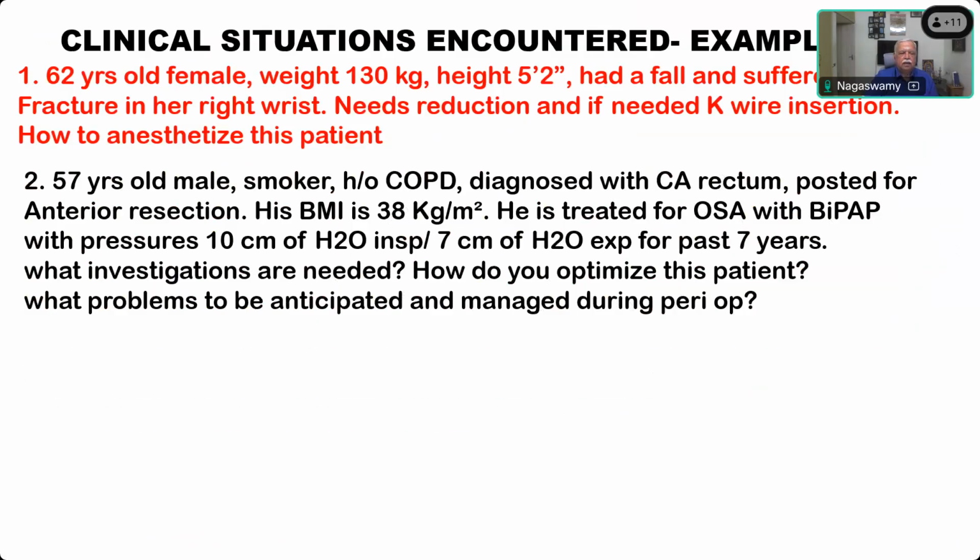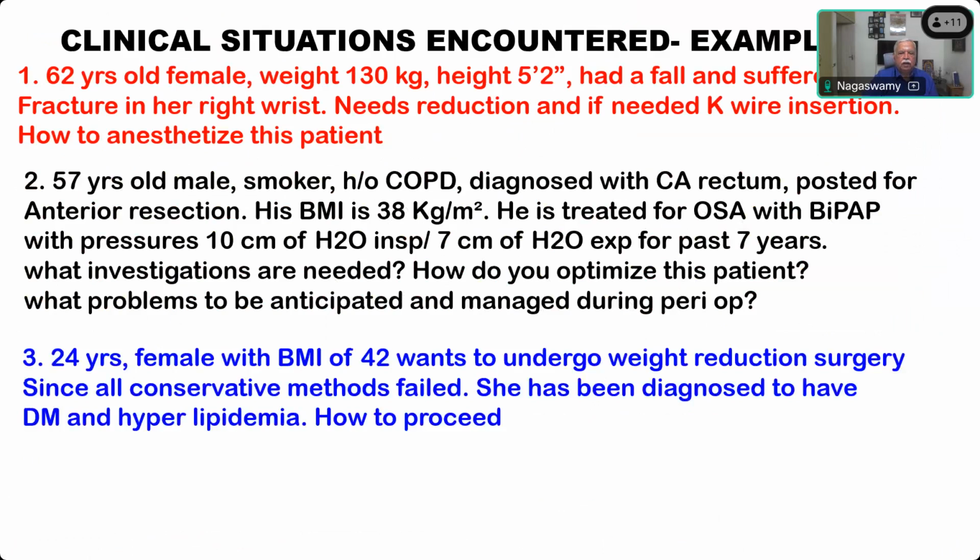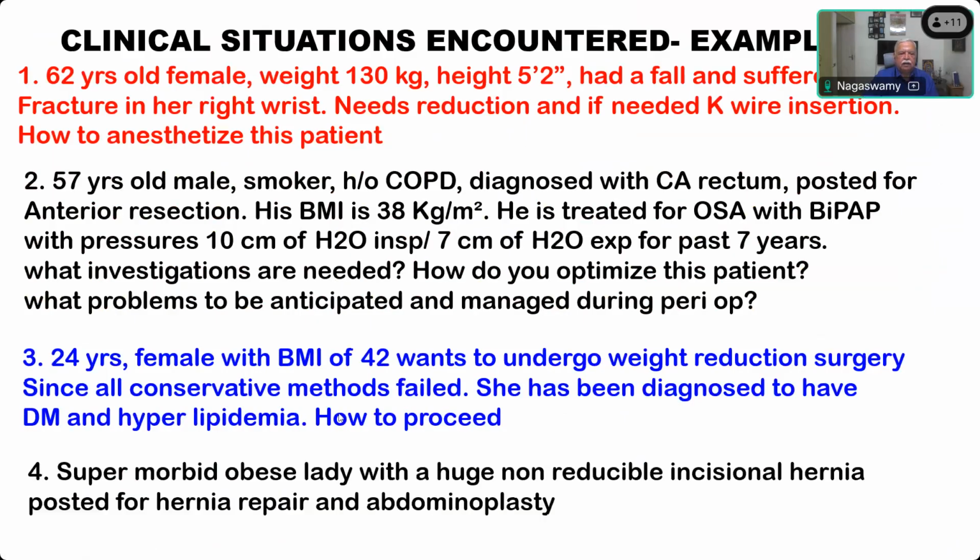And the next is a patient who undergoes weight reduction surgery since all conservative methods fail. So this is a classical case of bariatric surgery. And a super morbid obese lady with a huge non-reducible incisional hernia posted for hernia repair and abdominoplasty. This is similar to the question that we have seen.